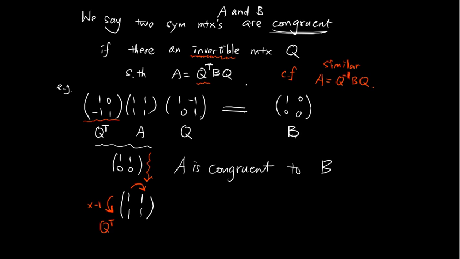And for Q, if you multiply Q at the end, it is doing the same thing as a column operation. It takes the first column and uses that to kill the second column. So by looking at this, you will see that after doing the operation, it becomes a diagonal matrix like B.